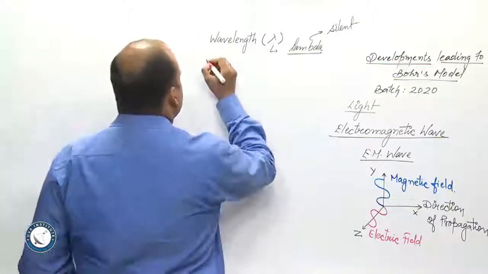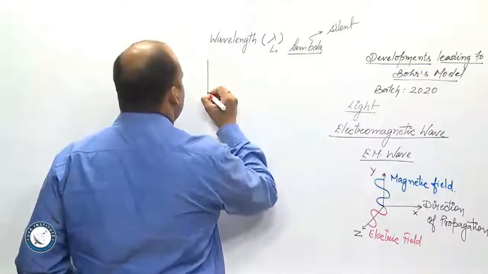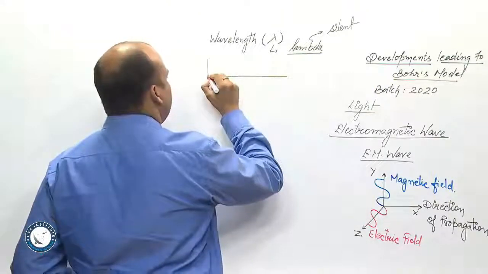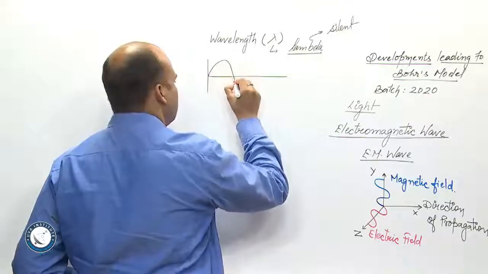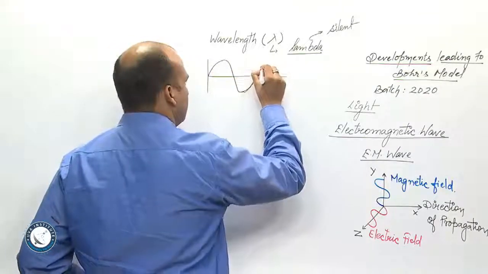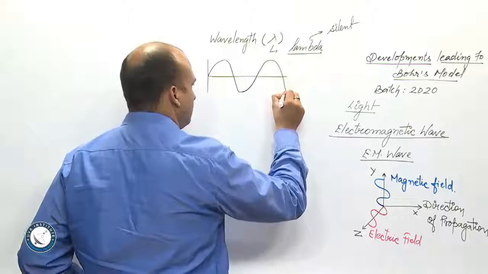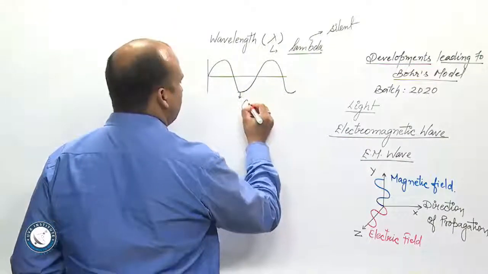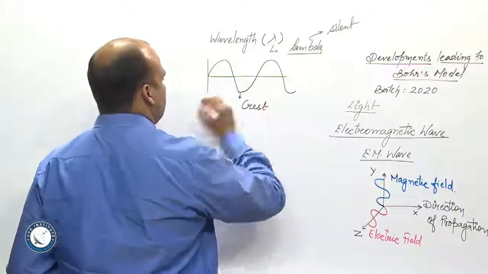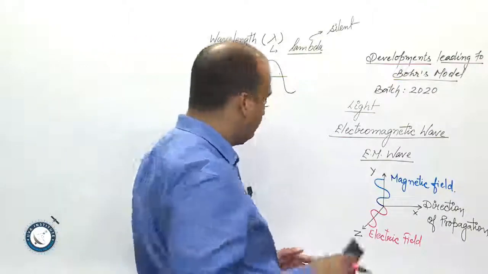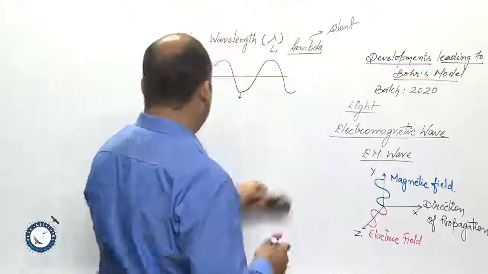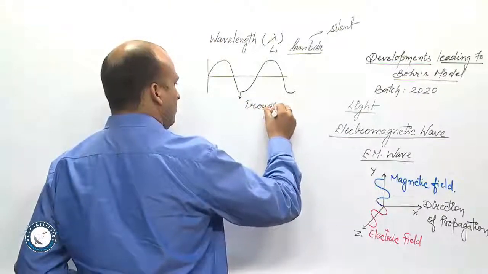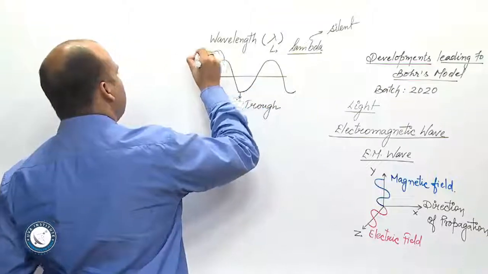Now, when we say that there is a wave, the wave actually travels like this. This is called the crest, this is the trough, and this is the crest.